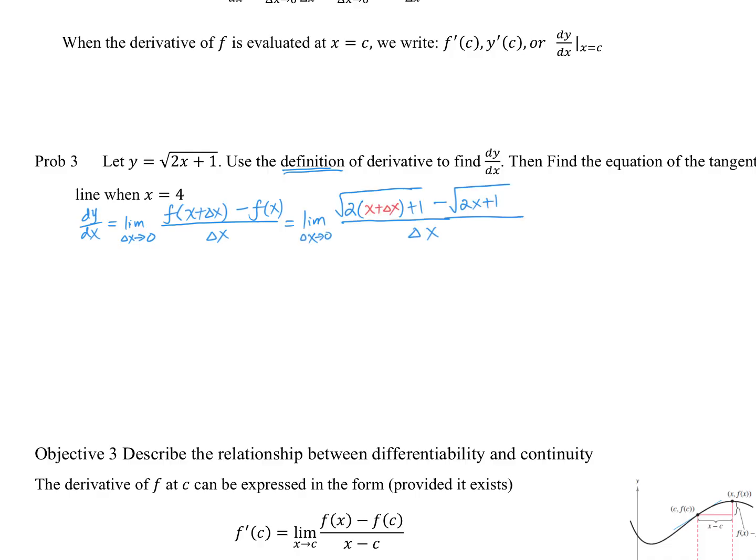So the trick here is we're going to multiply the top and bottom by the conjugates of these roots, right? The difference of the roots, then we'll multiply by the conjugates. So which will be square root of 2 times x plus delta x plus 1 plus the second square root. Of course, we should divide the same thing.